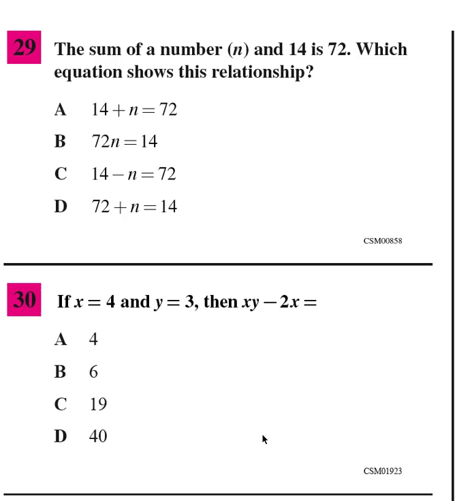Problem 29. The sum of a number n and 14 is 72. Which equation shows this relationship? The sum of a number n and 14 is 72.